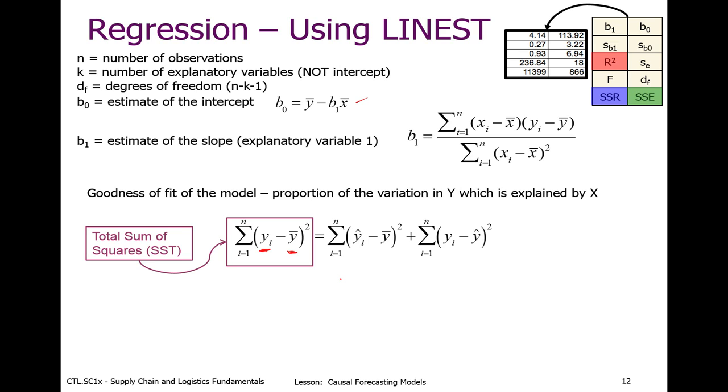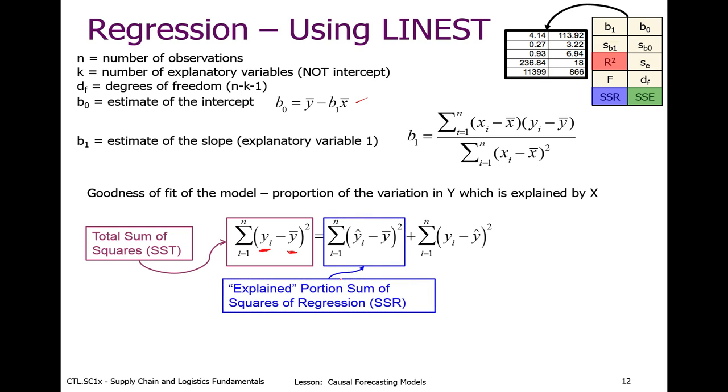Now I can think of that as being comprised of 2 components when I do a regression model. The first is the amount of that variability that I explain with my regression. Remember, this y hat is my estimate. So if I take the sum of the squares of the estimated value for i minus the average, squared, I should be explaining a lot.